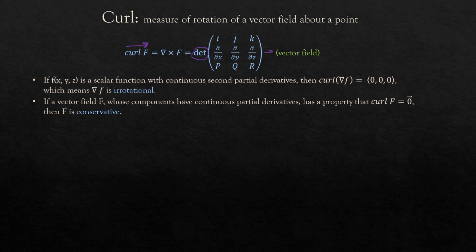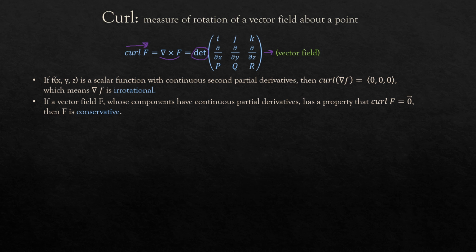The outcome is another vector field. Okay, so while divergence is a scalar function, curl of a vector field is a vector function. Okay, and it's also defined as the following. So this is the cross product of the gradient operator and the vector field itself.